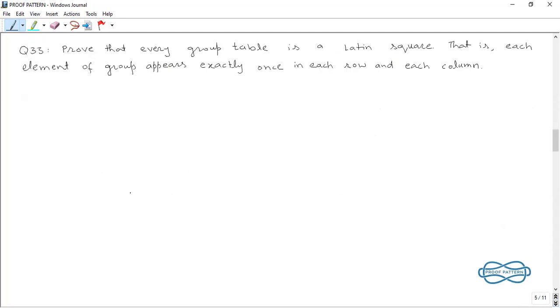The next question is question 33. Prove that every group table is a Latin square, that is, each element of the group appears exactly once in each row and each column.